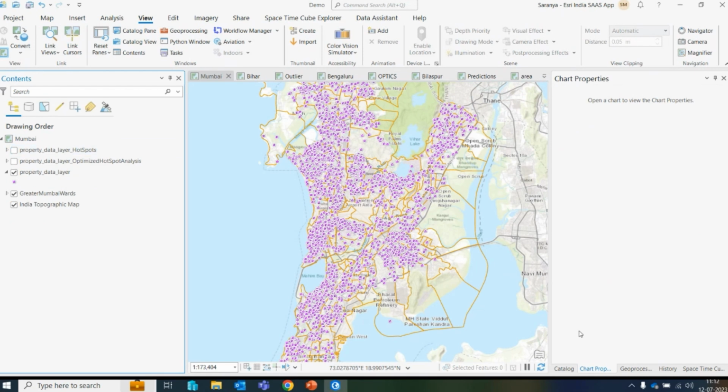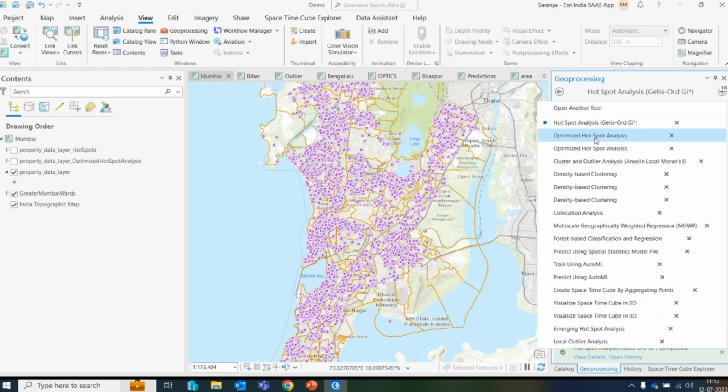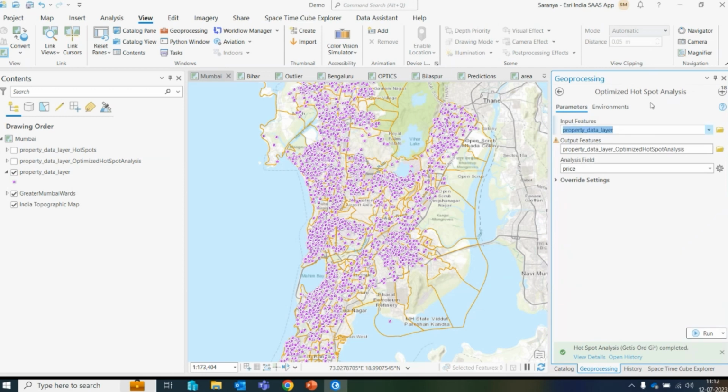In ArcGIS, in addition to hotspot analysis, we also have something called optimized hotspot analysis. When I started using these tools, I always had a confusion about when to use hotspots and when to use optimized hotspot. If you see the toolbox here, you can tell that optimized hotspot has a lot of intelligent defaults.